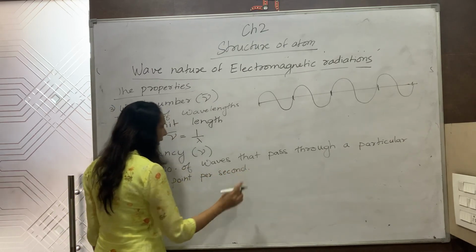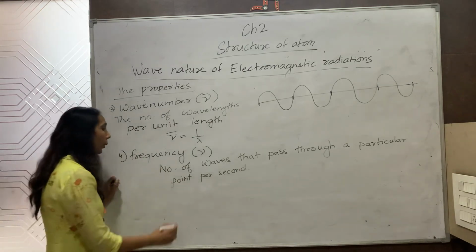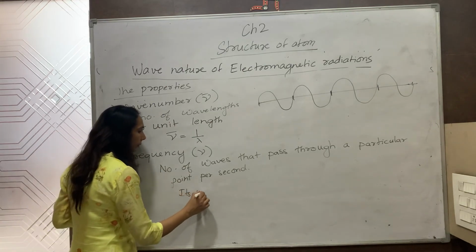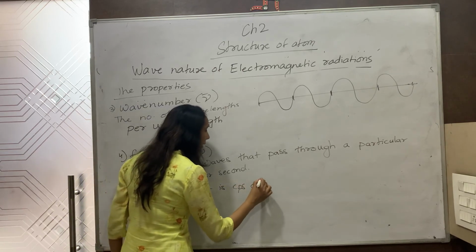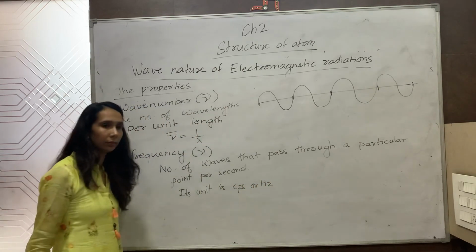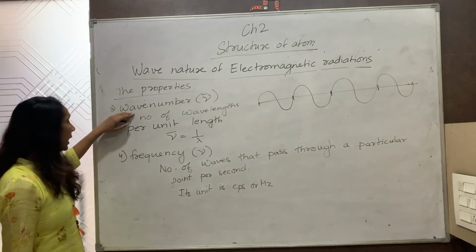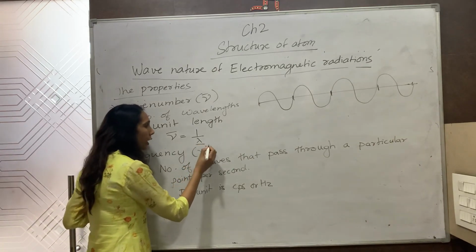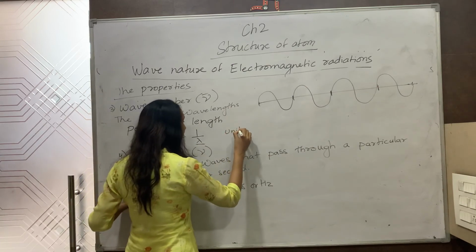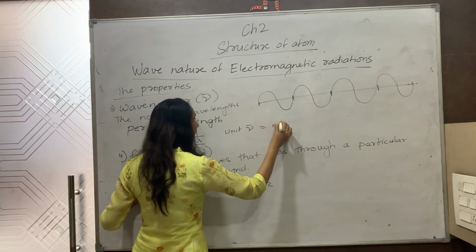Its unit is cycles per second or hertz. In the same way, we know that lambda is measured in meters, so the unit for wave number will be meter inverse.